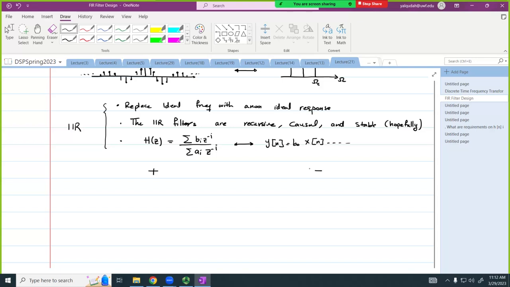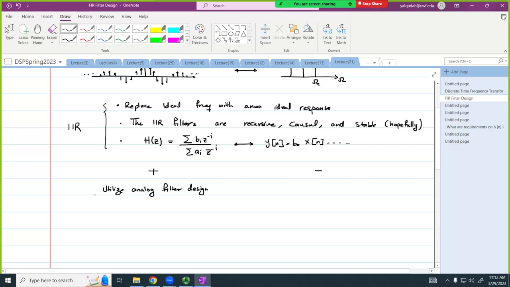One of the advantages was we were able to utilize the analog filter design methods. And that's why we designed the Butterworth and Chebyshev. These are well used in the analog domain. And we were able to start with all that knowledge and just transform it to a discrete time domain.